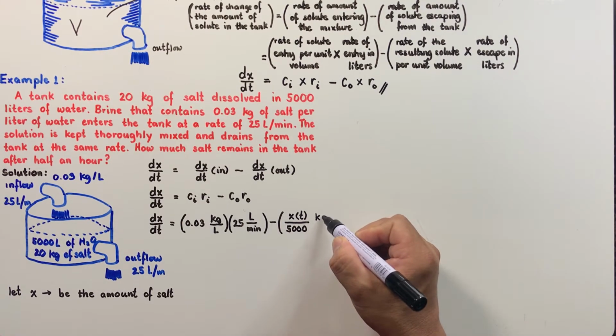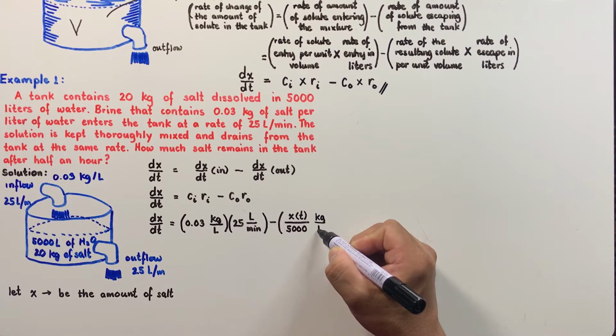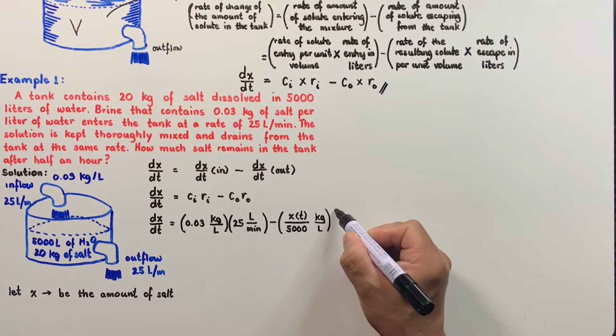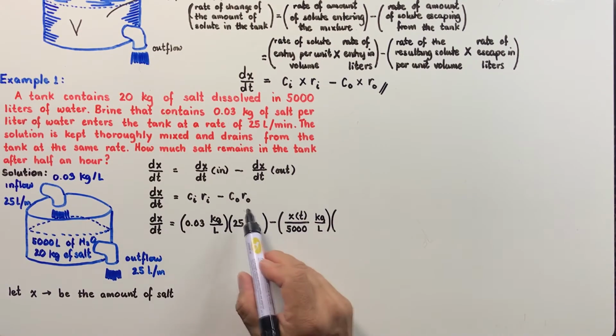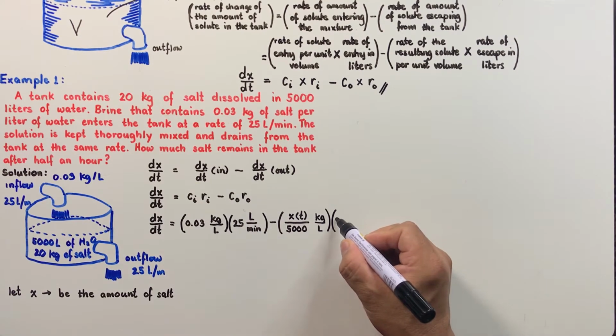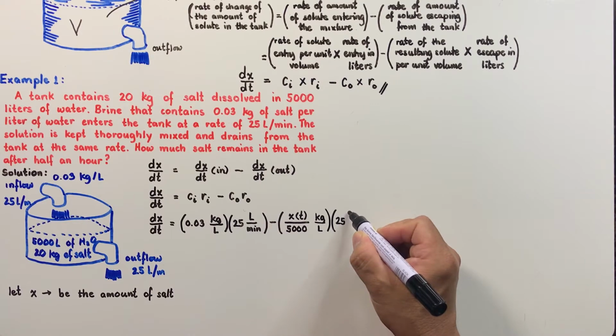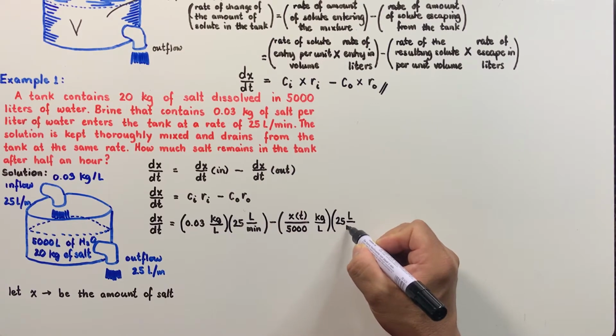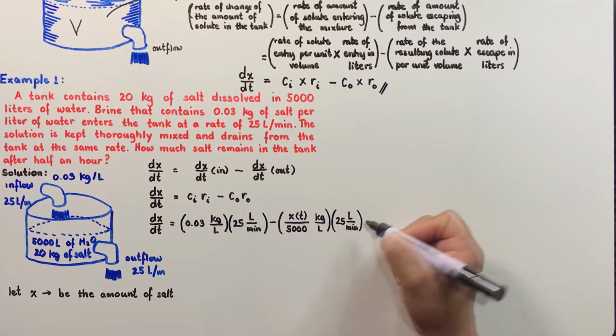So this is, of course, in kilogram per liter. And this will be multiplied also by our rate of escape using the outlet pipe, which is the same as the rate of inflow using the inlet pipe.